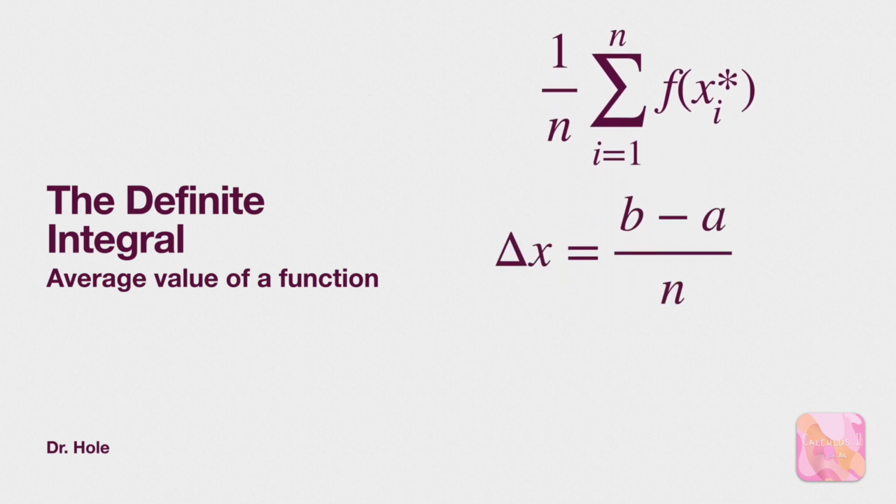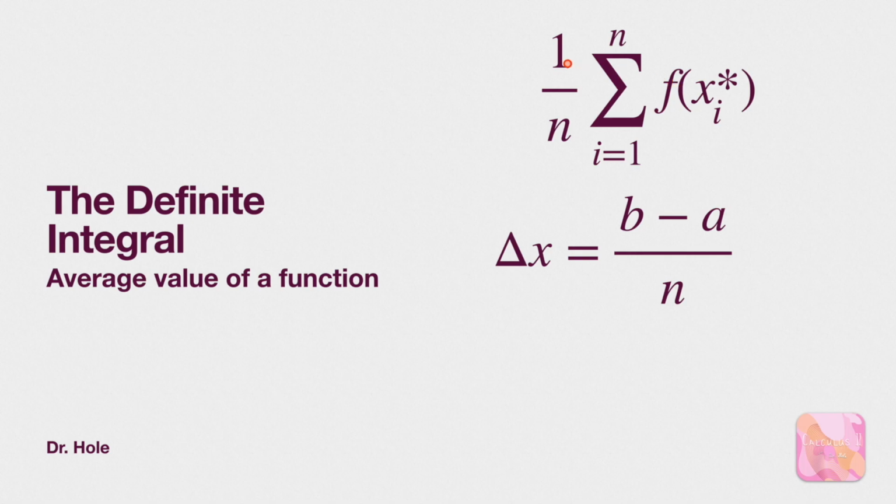So that is close to being a Riemann sum, but the Riemann sum requires not just the height, but the height multiplied by the base, in other words, delta x, and we're missing that delta x.